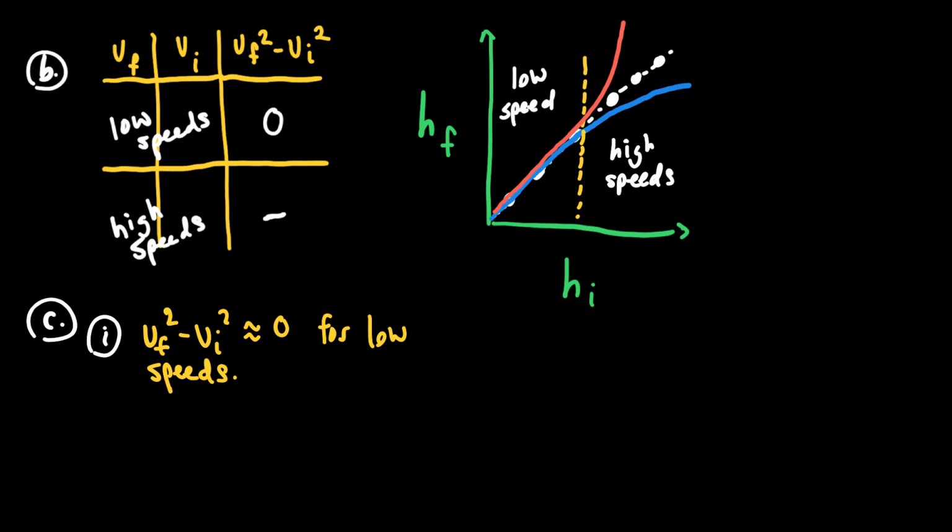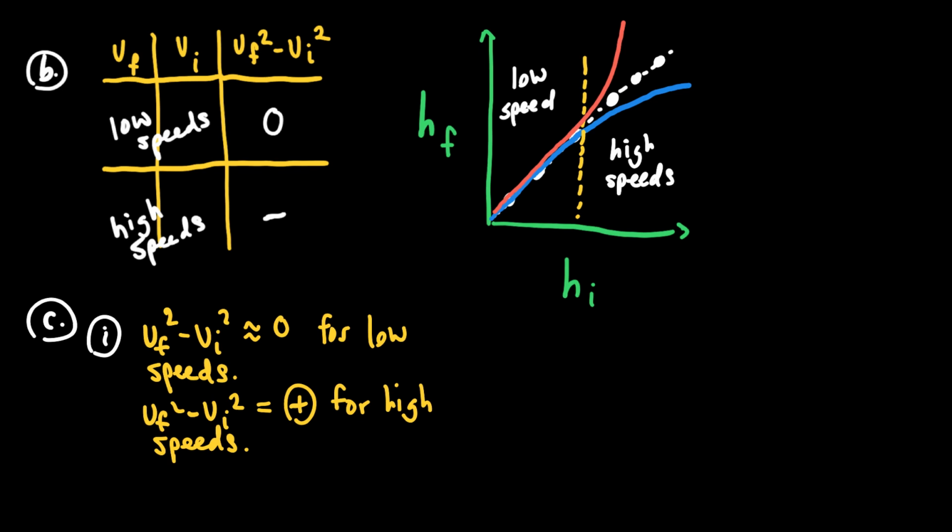Now, what in my graph would demonstrate something that violates a basic physics principle for high-speed collisions? Something that would violate a basic physics principle would be VF squared minus VI squared is equal to a positive number for high speeds. Why is that violating a basic physics principle?